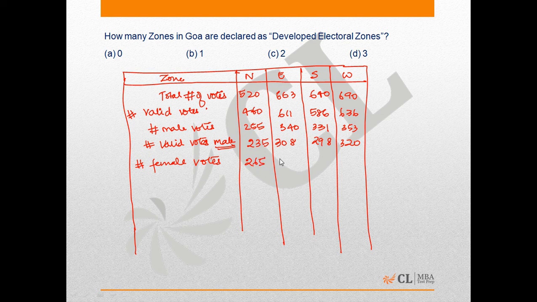If we calculate from the table, we'll get 265, 323, 309, and 337 as the values, and the number of valid votes by female gender is 225, 303, 288, and 316.